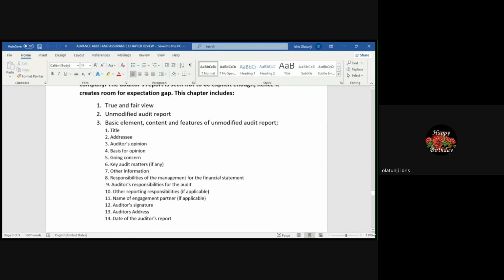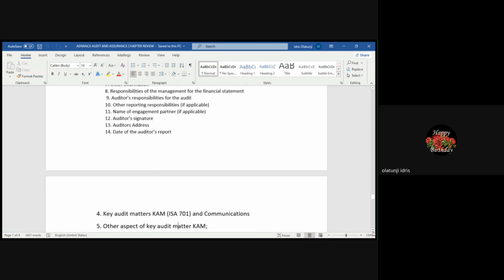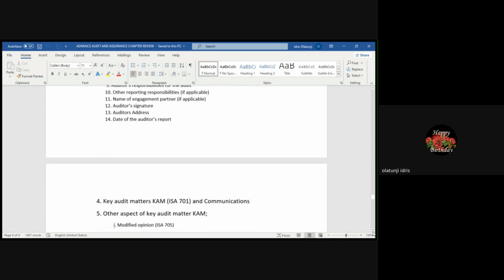That is, it is the responsibility of management to prepare financial statement and also detect and prevent fraud. The responsibility of an auditor is to form an opinion on the financial statement prepared by the management. The other important responsibility, if it is applicable, the name of an engagement partner, if it is applicable, the auditor's signatures, the auditor's address, and the date of auditor's report. These are the basic elements of audit report.